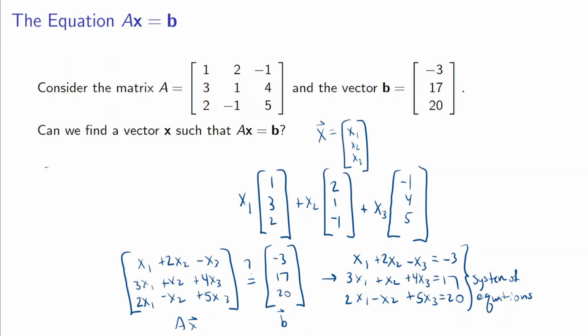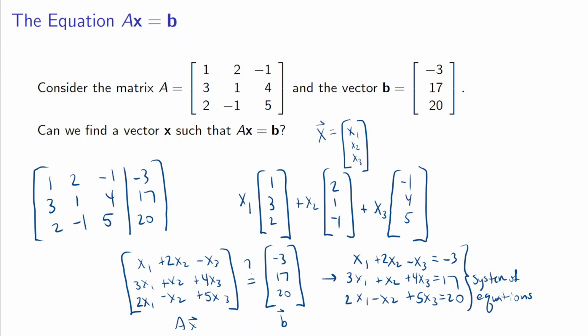This system will have a solution if we can row reduce this and get a solution, as we've seen in earlier sections. So we'll have this augmented matrix, 3, 1, 4, 17, and then 2, -1, 5, 20.